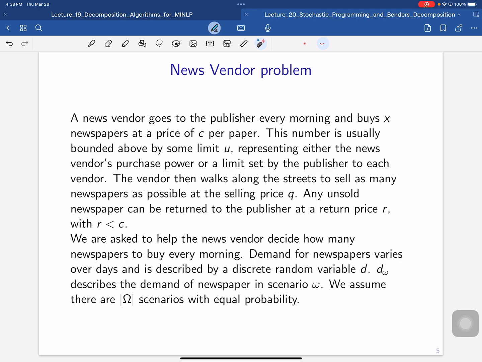There are some trade-offs in deciding how many newspapers you are going to buy. But this number is usually bounded by some limit u that represents either the news vendor only has a finite amount of money to buy the newspapers, or the publisher only has a limited number of newspapers to sell. You cannot buy an infinite number of newspapers from the publisher.